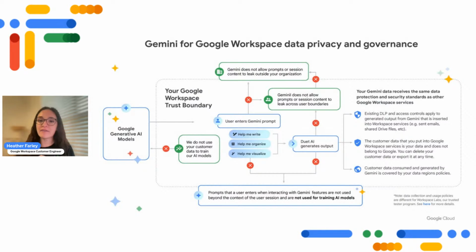Do you maybe have device policies, or do you have context-aware access policies to ensure that the right folks have access to the right information at the right time? If you have these security settings already rolled out within Google Workspace, they'll automatically be deployed as you roll out Gemini.